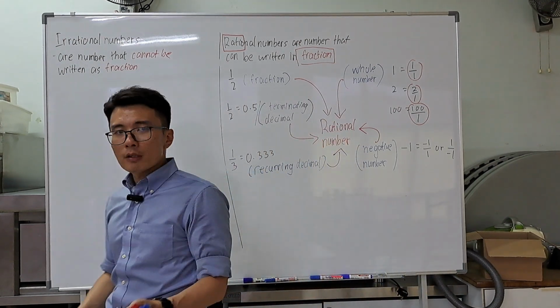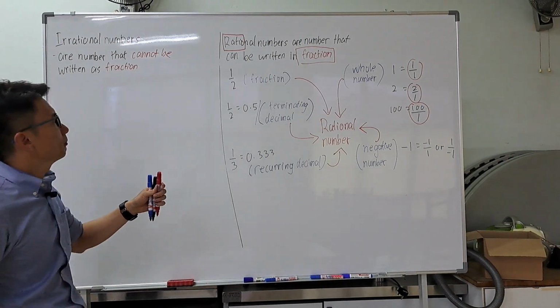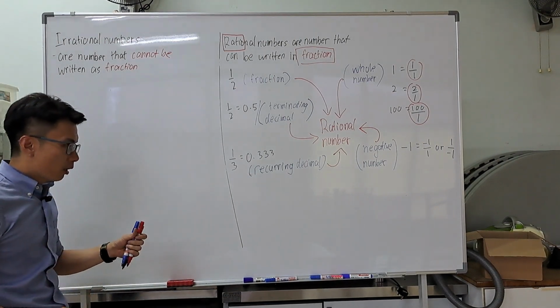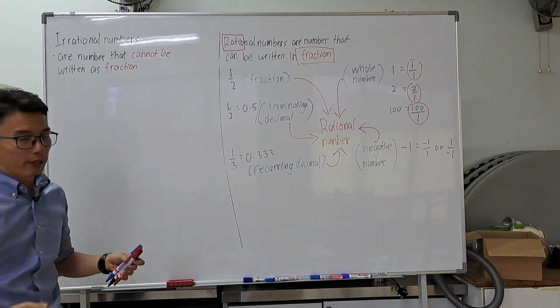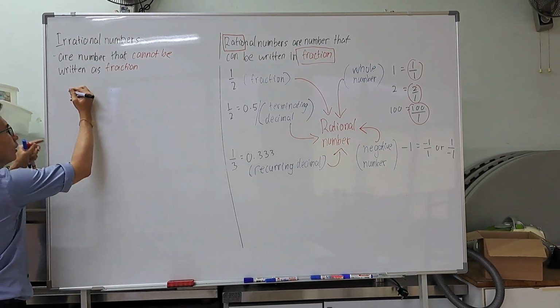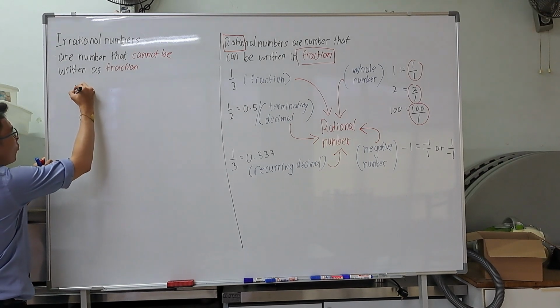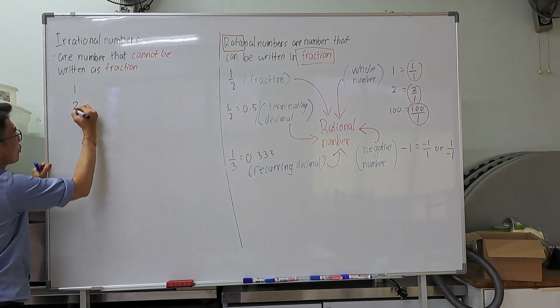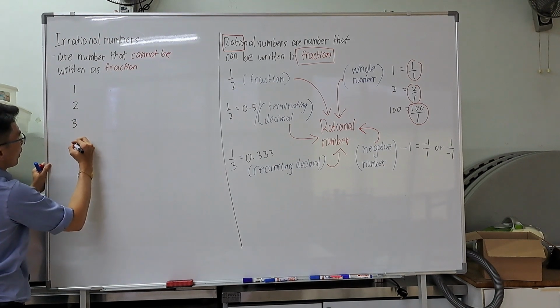To show this example, I'm going to be using a square, or power, to show you an example. Let me give you a simple example here. I have the whole numbers 1, 2, 3, and 4.